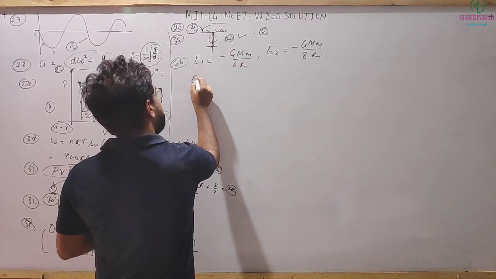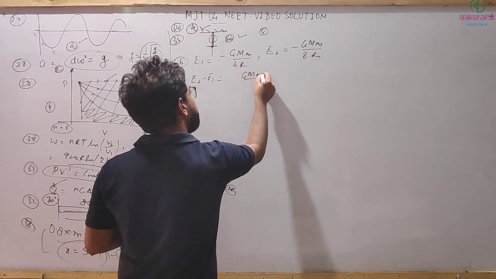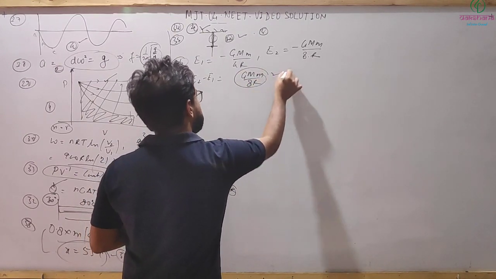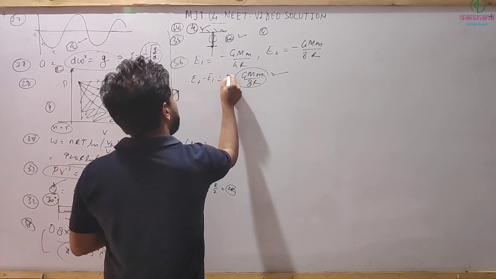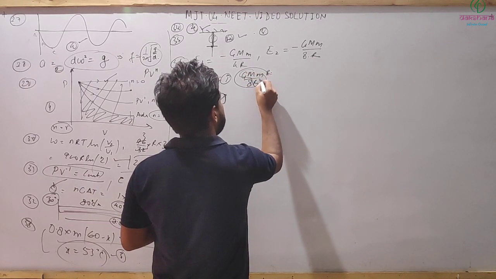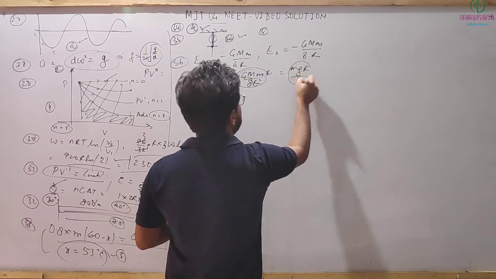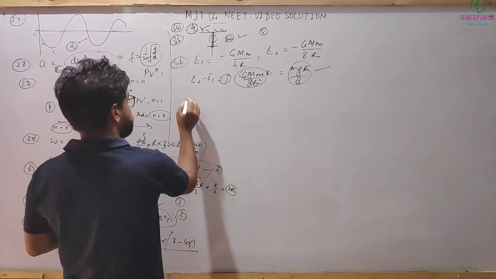So E2 minus E1 will be the energy required. This is GMm by 8r, matching with option number 1. It can be rearranged as GM equals g r square, so mgr by 8 is also matching with option number 1.